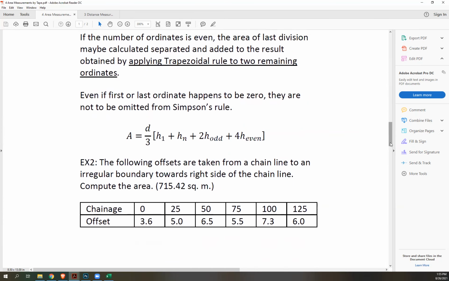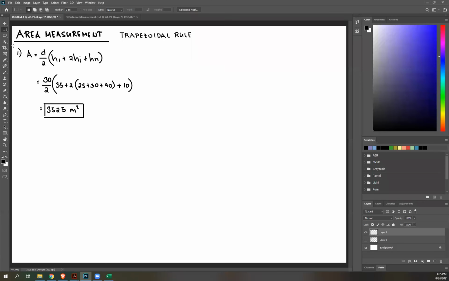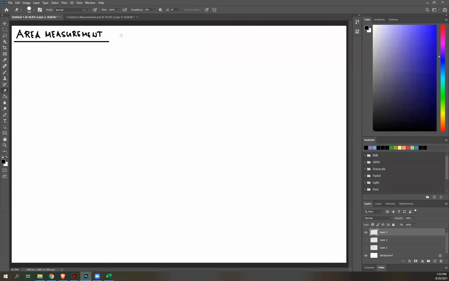But as mentioned here, what you can do is leave the last area, apply Simpson's 1/3 rule on the first few offsets, and then use the trapezoidal rule for the last area. So let's do that. I'll try drawing this for us to better understand.